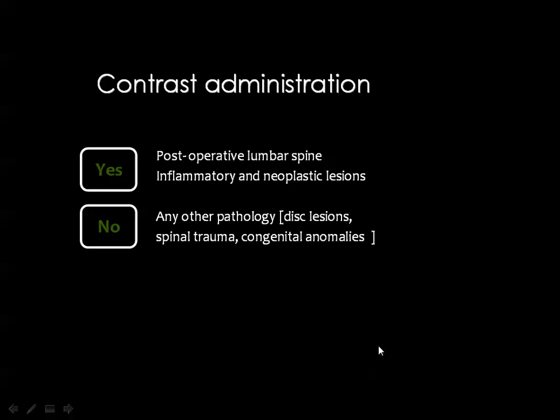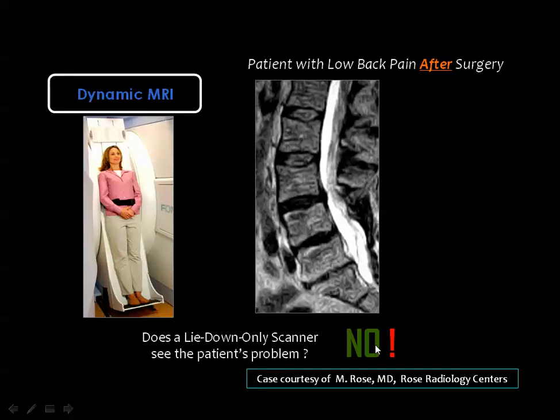or for MR examinations. I have mentioned the importance of this dynamic MRI in evaluation of the spine before surgery and after surgery. As you can see in this example, this patient had an operative intervention at the level of L4-5 and maybe L5-S1.